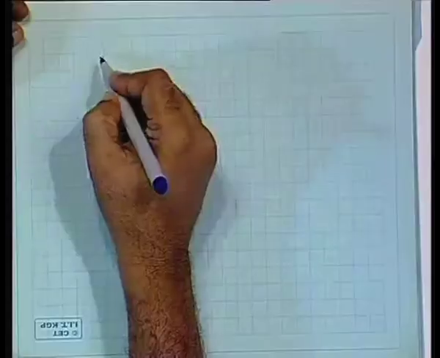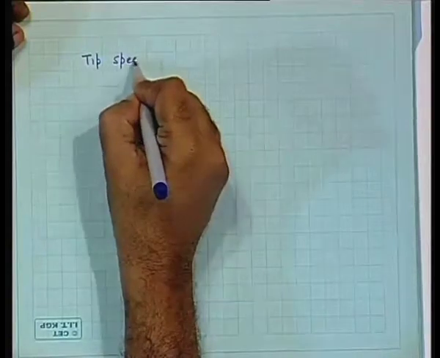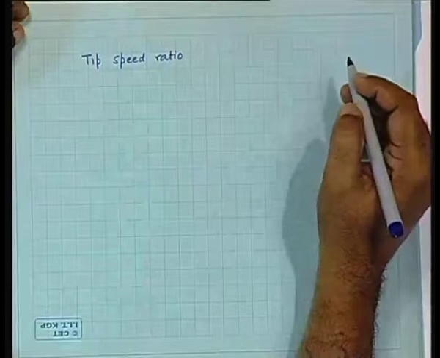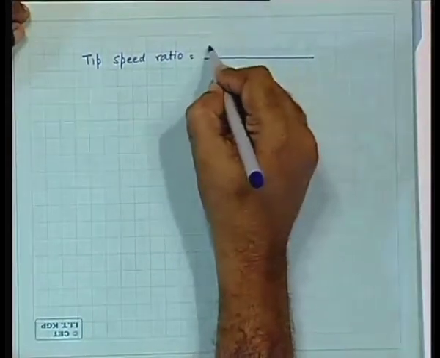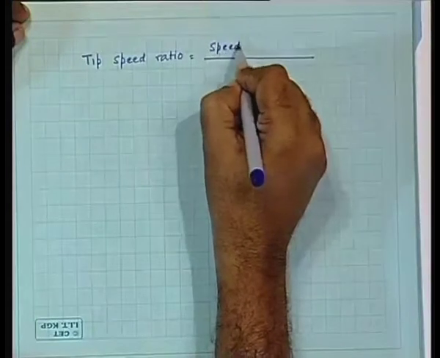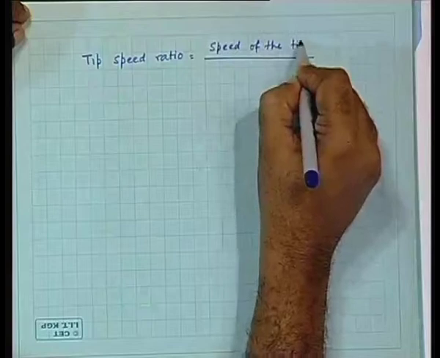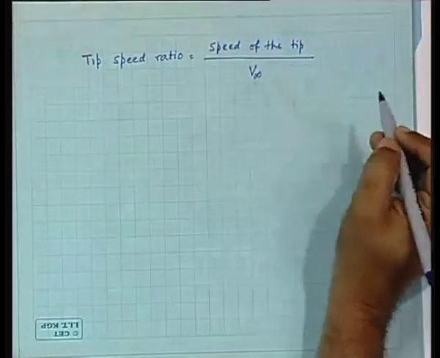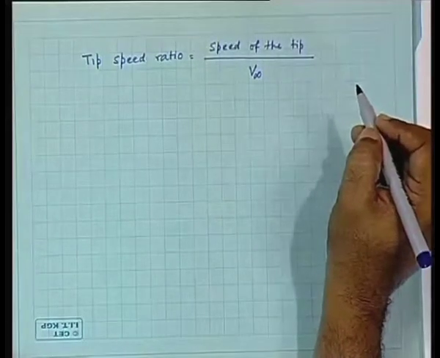One of the important numbers is the tip speed ratio. Tip speed ratio is the speed of the tip divided by the unaffected wind velocity. Okay.